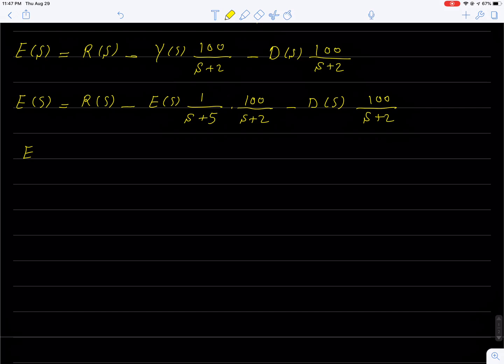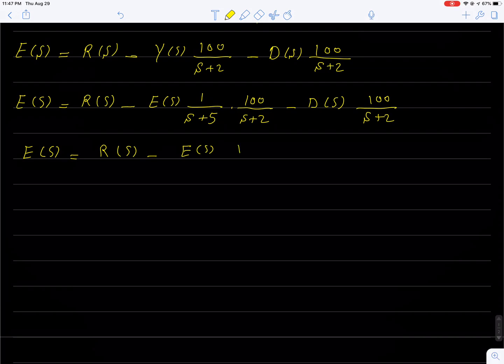Now E of S is equal to, let's simplify this, R of S minus E of S times 100 over S plus 5 times S plus 2.